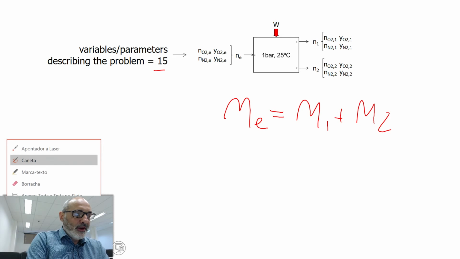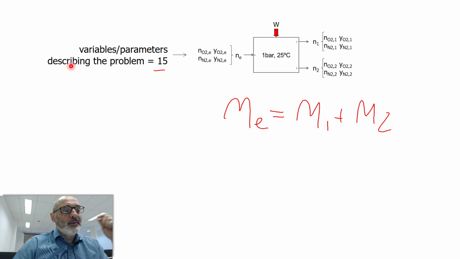Other variables, what I'm calling describing variables or parameters, I have concentrations at E, at 1 and 2, YO2 and YN2, and I also have molar flow rates.